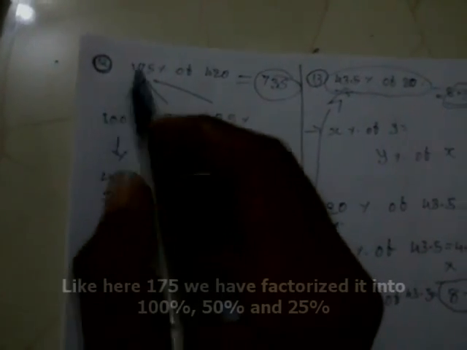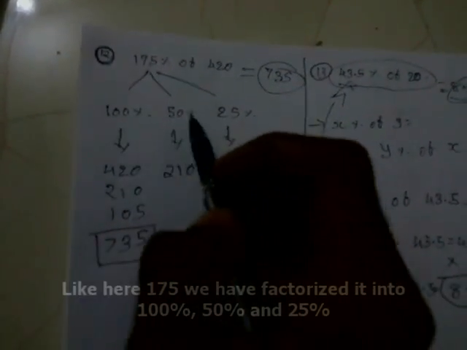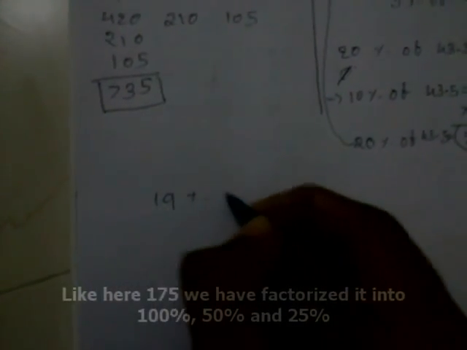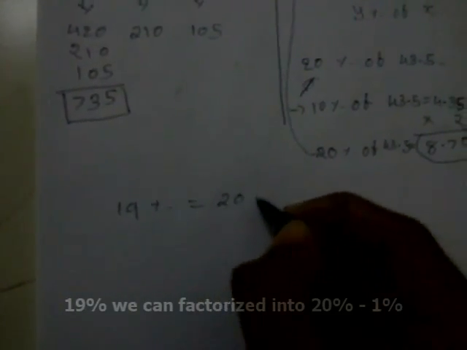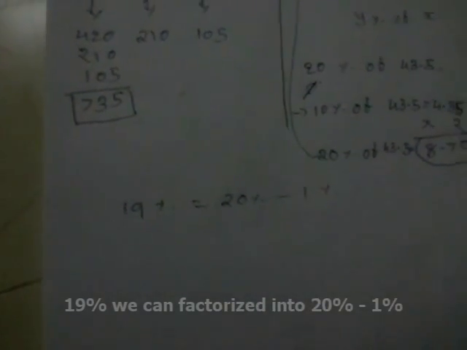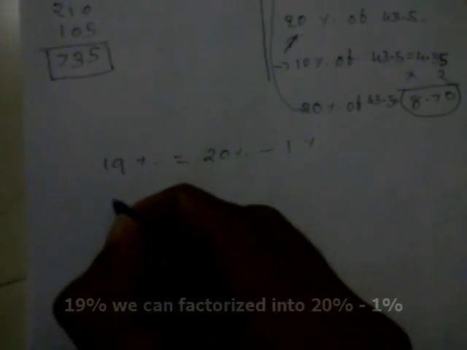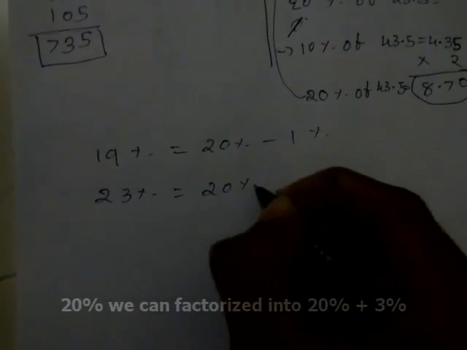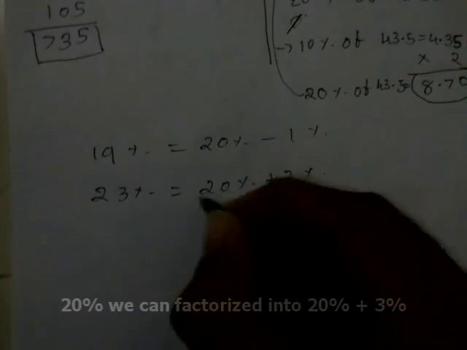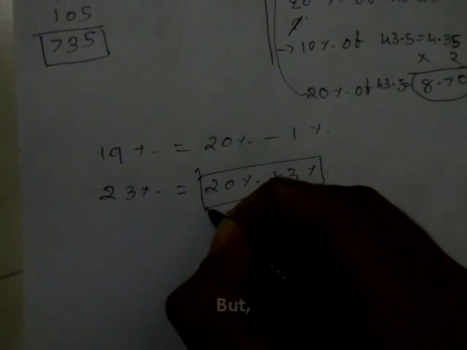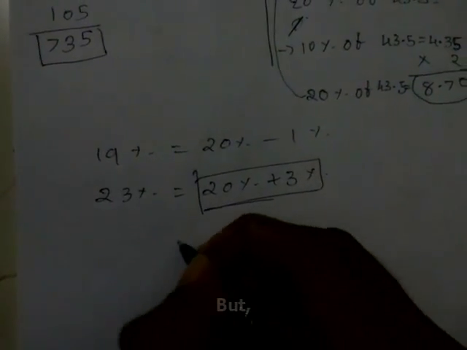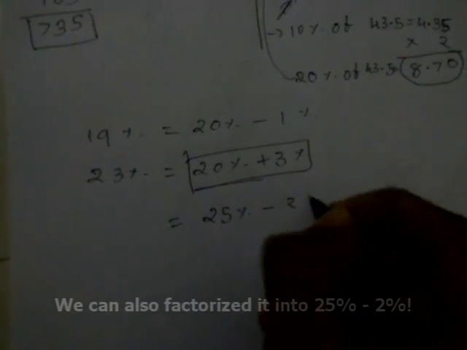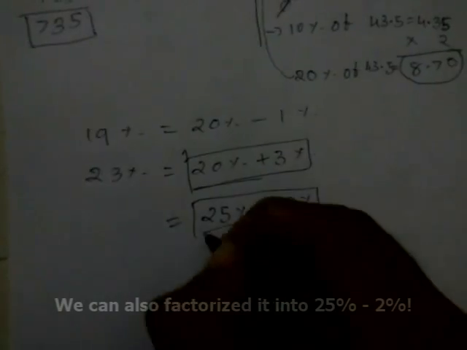Like here 175, we have factorized it into 100%, 50%, 25%. 90% we can factorize it as 20% minus 1%. 23% we can factorize it by 20% plus 3%, but we can also factorize it by 25% minus 2%.